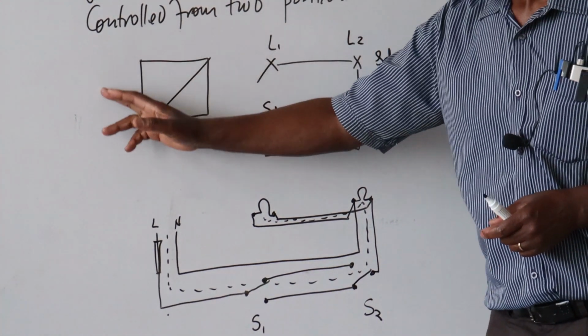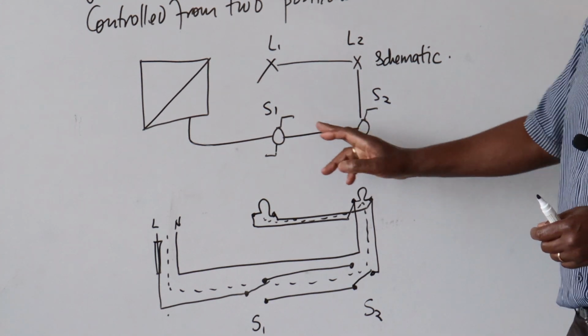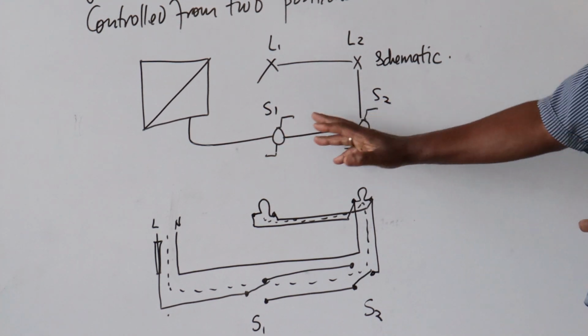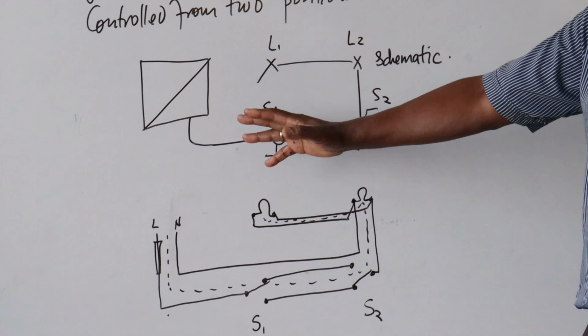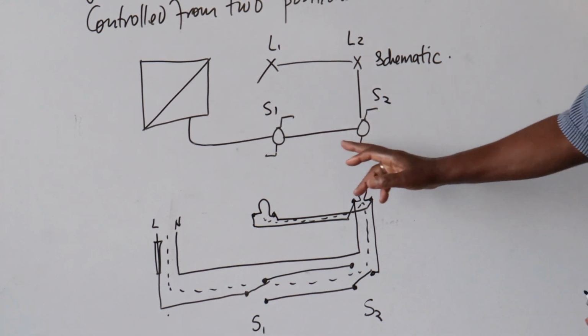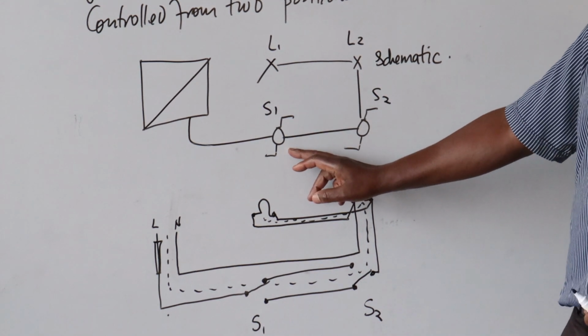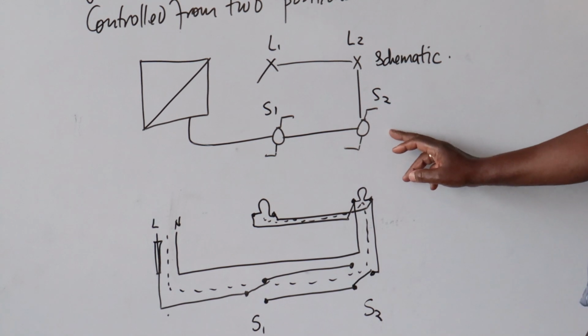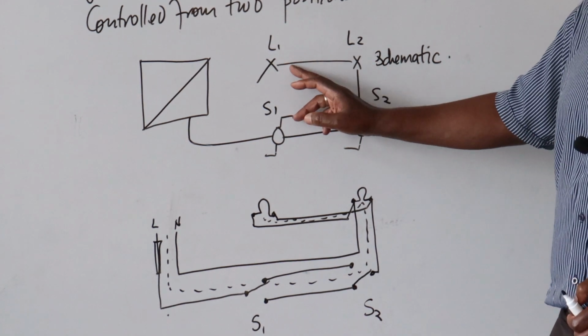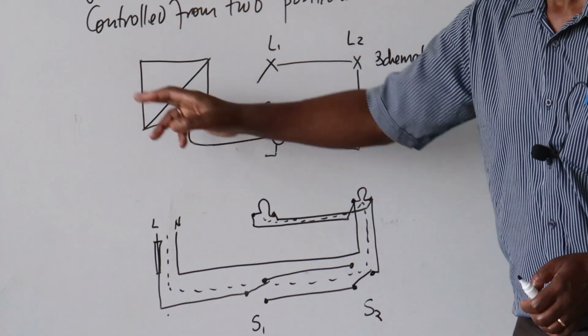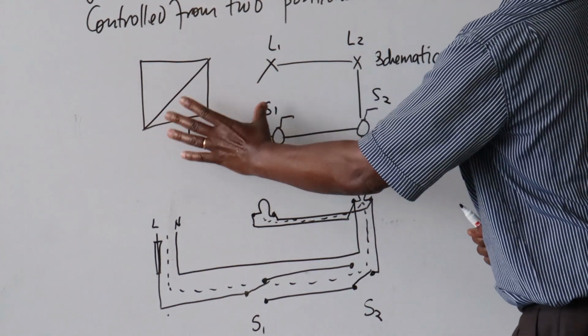So a schematic diagram will look something like this. I gave you the symbols the first time we met, and I'll be giving them to you as we go along. So single pole 2-way switch, single pole 2-way switch, and the 2 lamps. And this one is our intake position, where the power is coming from.